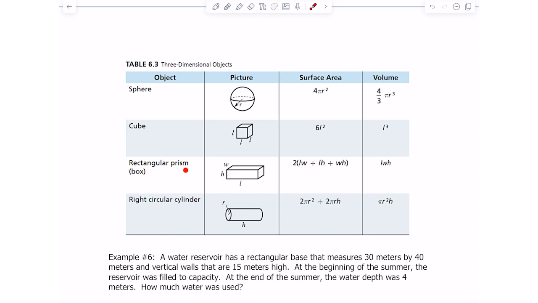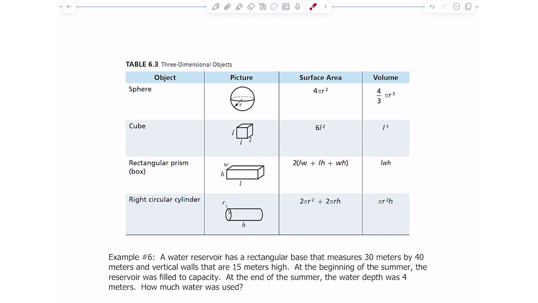A rectangular prism is made up of rectangular faces. And to find their surface area, it's this formula here. It's 2 times length times width plus length times height plus width times height. But the reason it's like that is because if you think about it, here you have the length times the width, right? So that gives you the area of the top, but the top is the same as the bottom. So there's 2 of those.